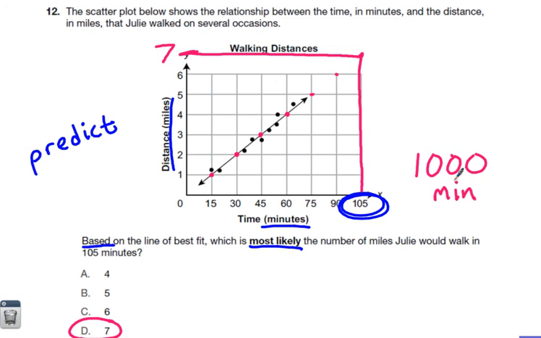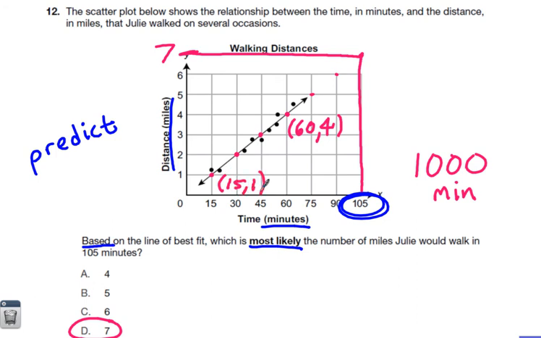Well, here's what we could do. We could come up with an equation and go from there. So let me run through the motions quick. To make an equation of a line, we're going to want the coordinates of two nice points. And I'm going to choose this one. So this is (60, 4), and this was (15, 1).